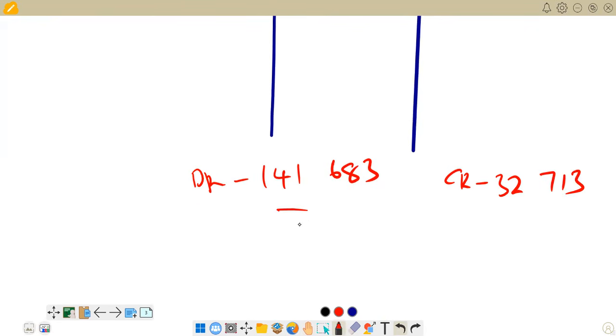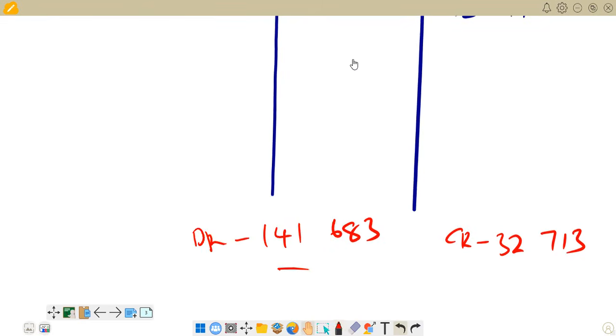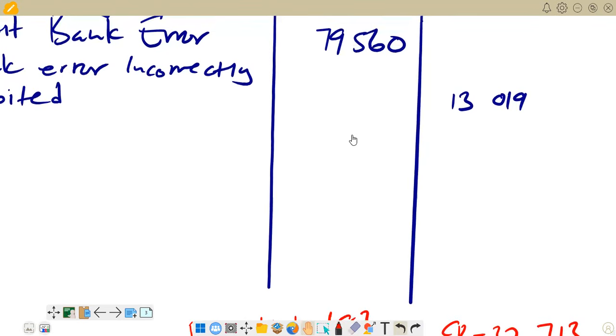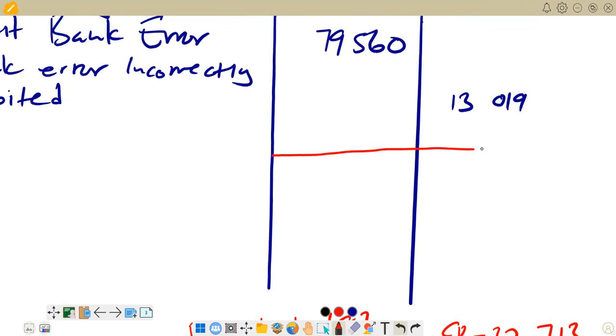So we are now seeing that the debit is the bigger side. If it's the bigger side, it comes in between the double lines there.